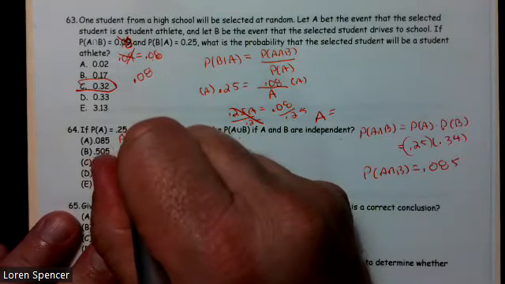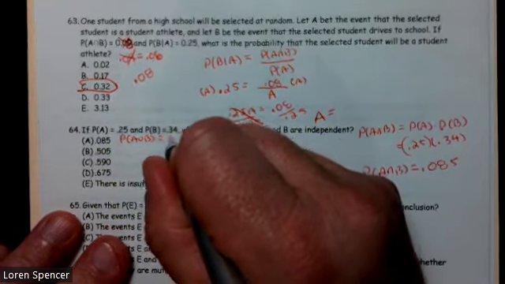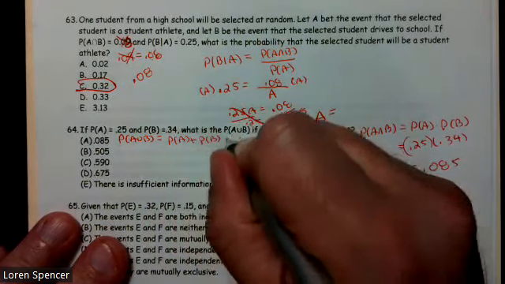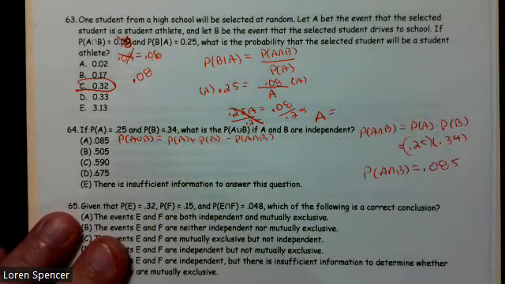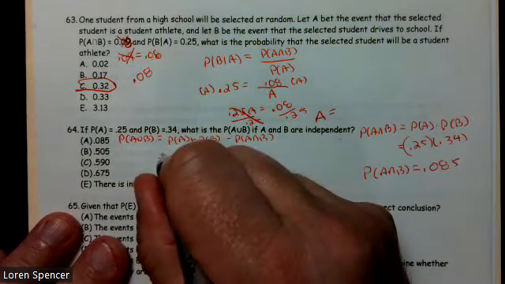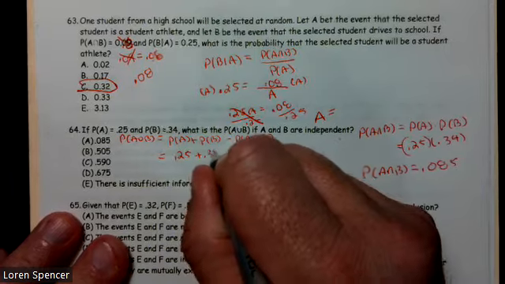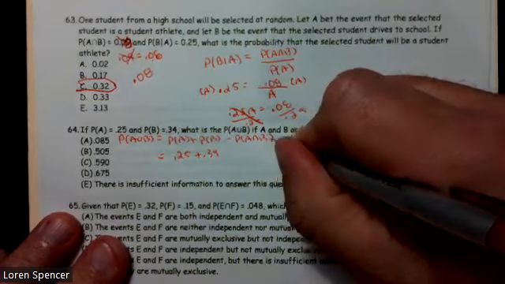Well, I need to go back to my general addition formula, which is the probability of A union B equals the probability of A plus the probability of B minus the probability of A and B. A is 0.25, B is 0.34, and I can substitute this 0.085 right here.